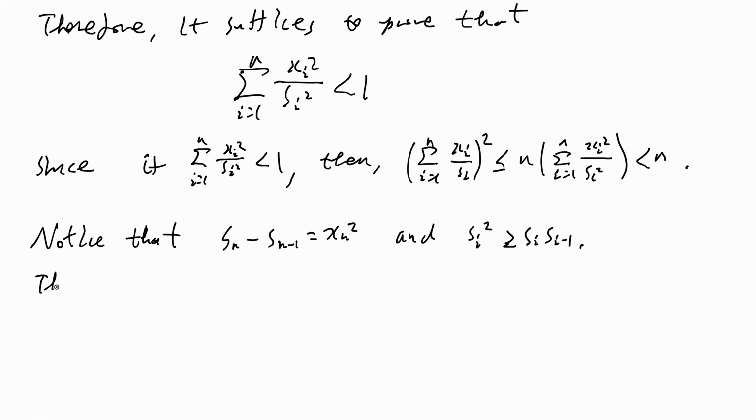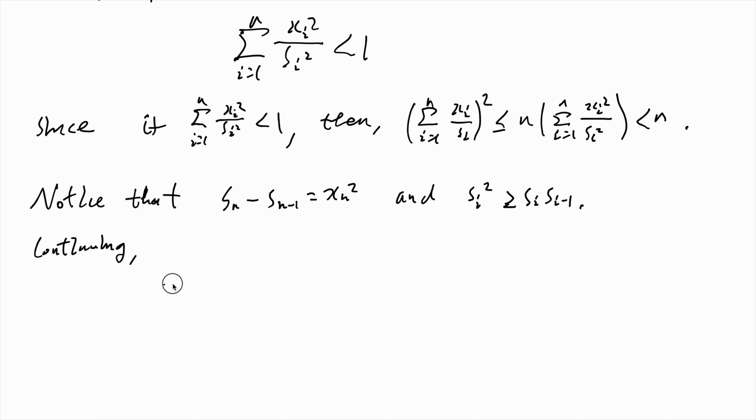Therefore, continuing, x of I squared over I squared should be less than or equal to s of I minus s of I minus 1 over s of I times s of I minus 1.